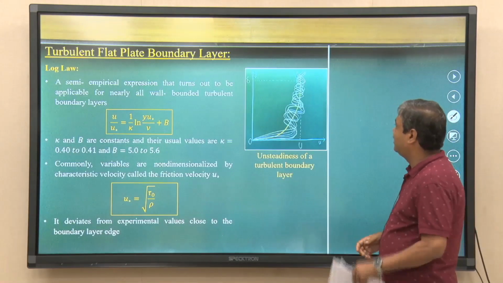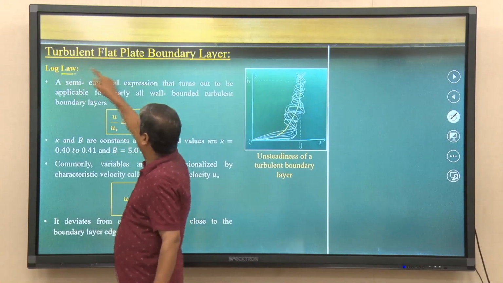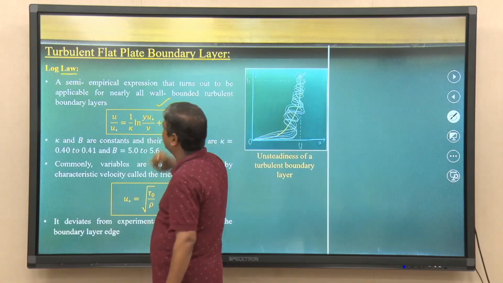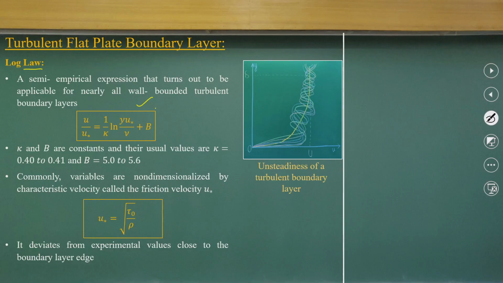Similarly, there is a log law, which establishes a non-dimensional relationship. Here U star, with subscript star, is the friction velocity.